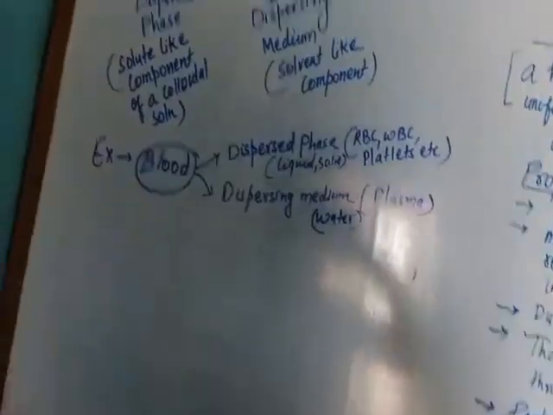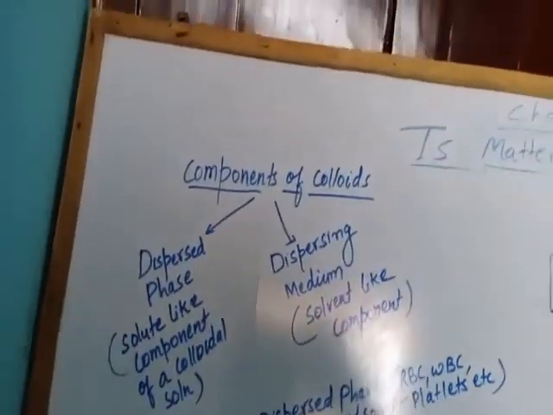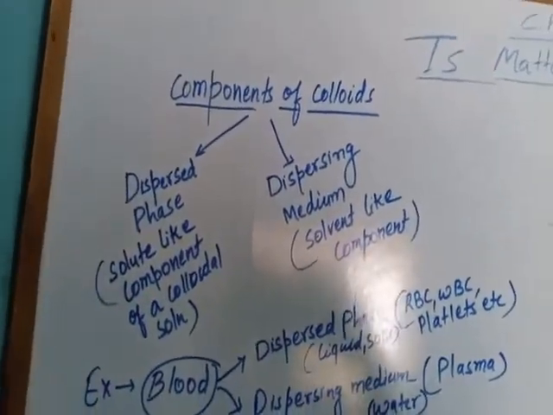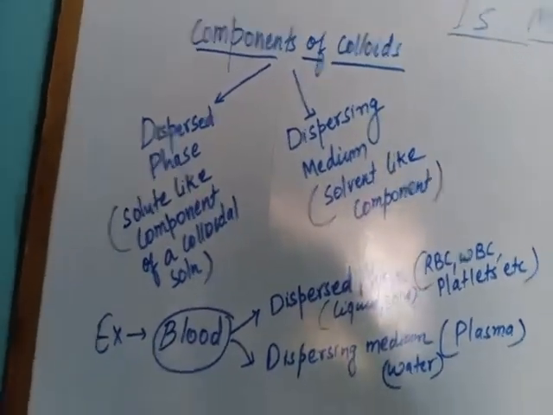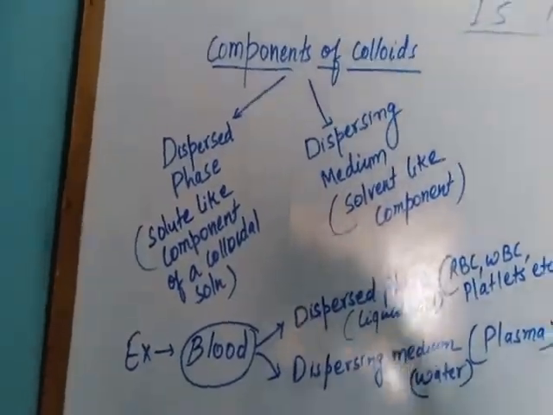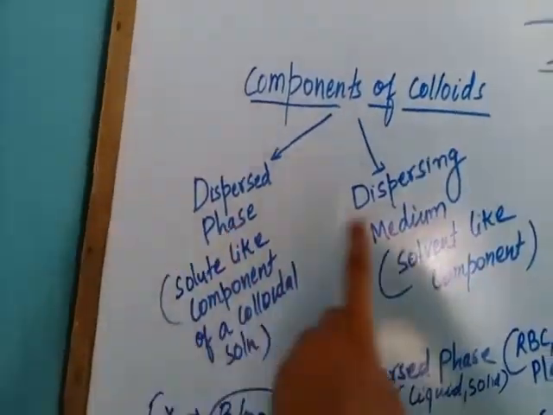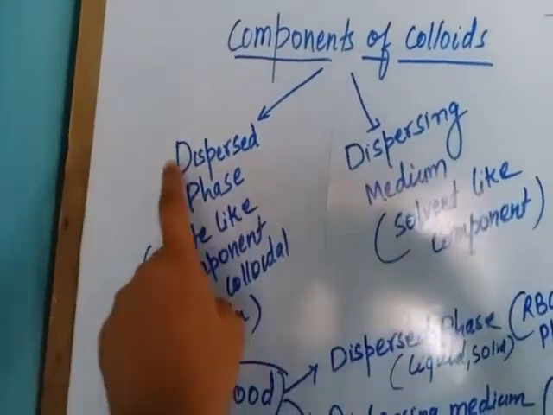As we discussed the two components of a solution, solute and solvent, here colloids are also made up of two components, and they are similar to solute and solvent, but they are called what? Dispersed phase and dispersing medium. These are the two components of a colloid.